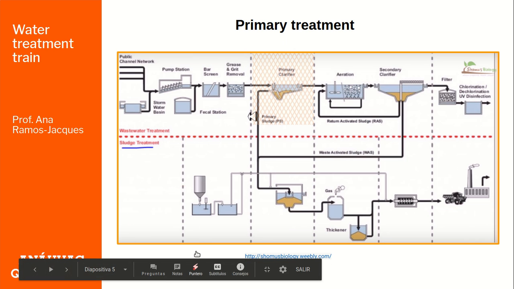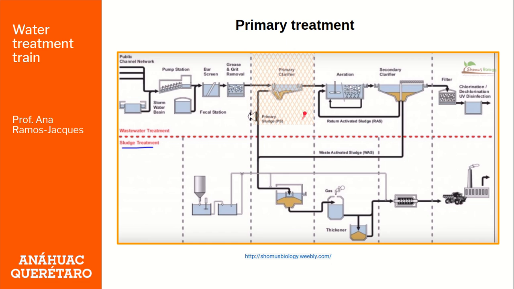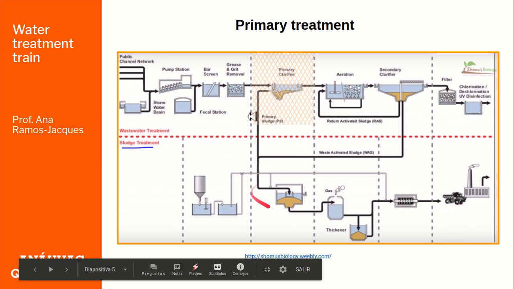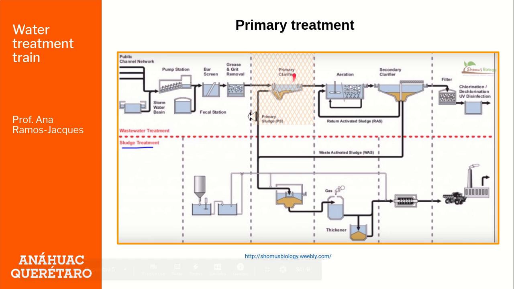That's for the pre-treatment, and then we have the stage that is the primary treatment. This equipment is generally called a primary clarifier, and in here you have the primary sludge that passes to the sludge treatment. In this primary clarifier, you just separate the solids mechanically, because we have a solid and a liquid part.